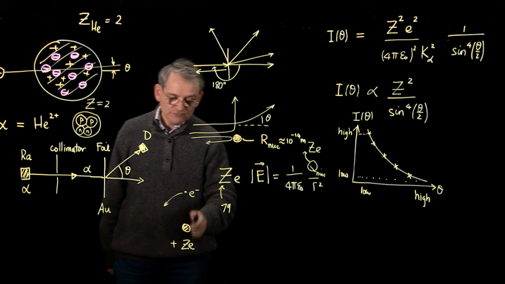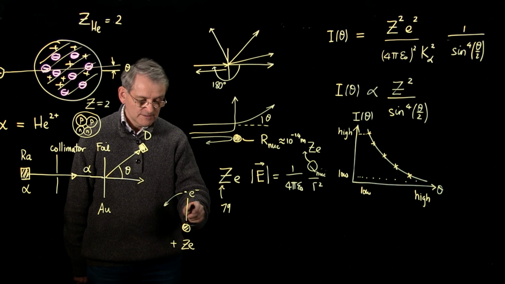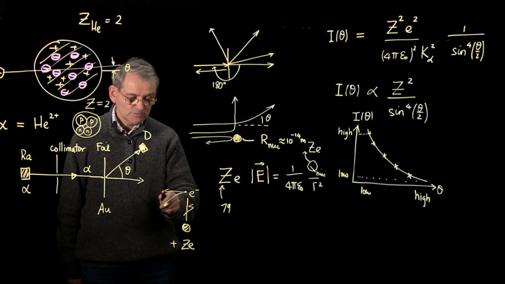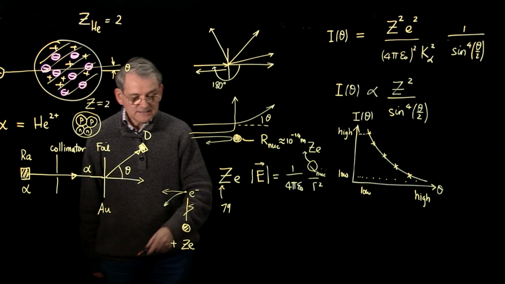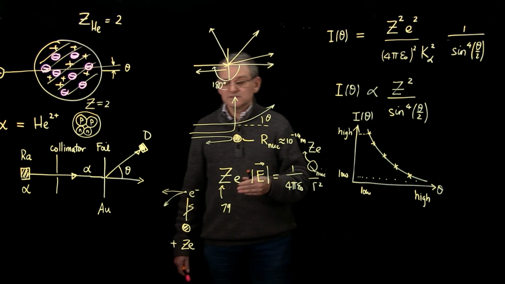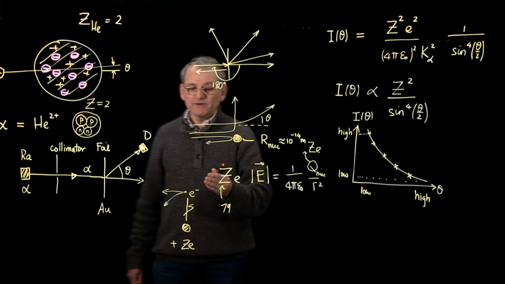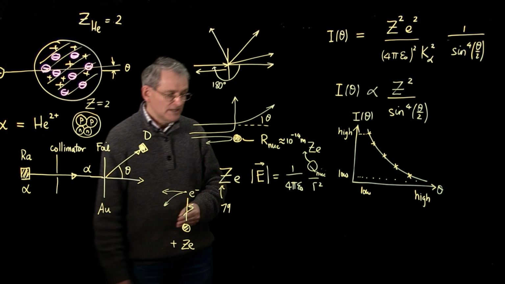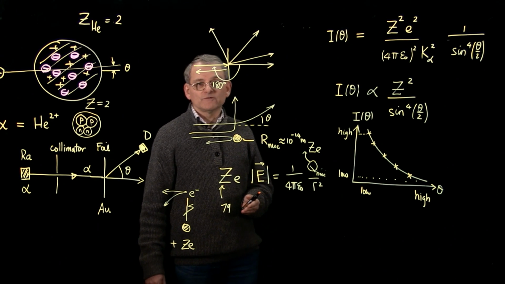If you were to turn off the force of electromagnetism, the electron would just fly off at a tangent. So the electron is constantly falling into the nucleus, but it maintains its circular orbit by virtue of the force of electromagnetism. This is the so-called planetary model of an atom.